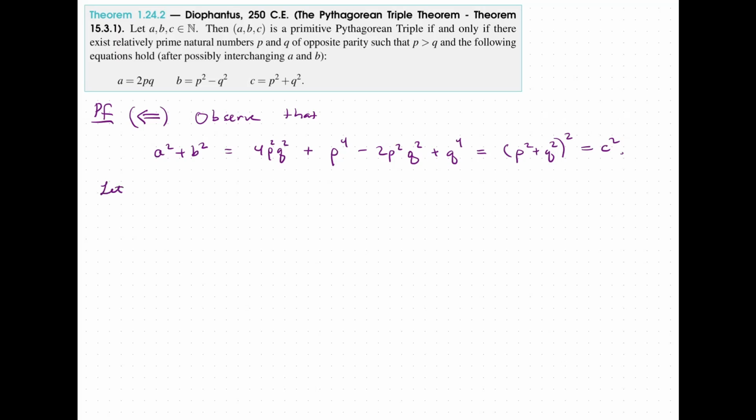So now let d be the GCD of a, b, and c. Then since b and c are odd, and this is coming from the opposite parity: since p and q are of opposite parity, we know that p squared minus q squared has to be odd, and similarly with p squared plus q squared, since adding odd and even will always give us an odd quantity back.